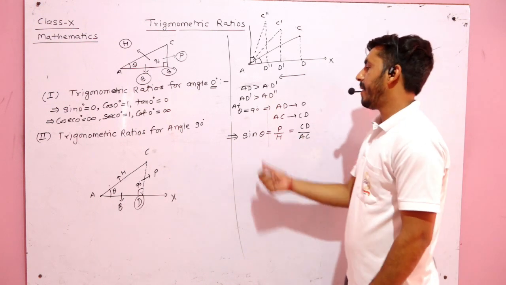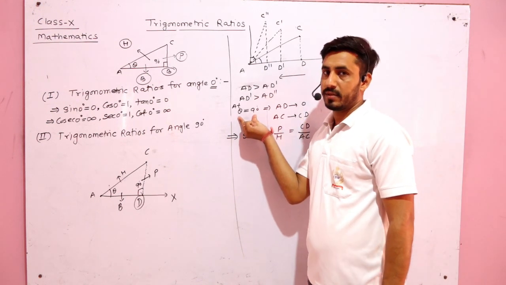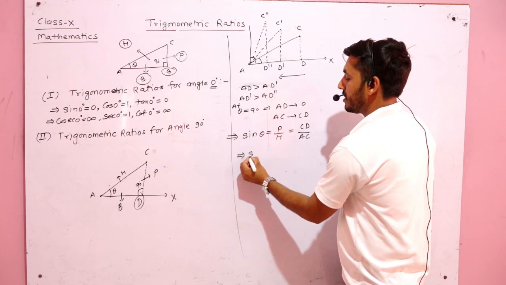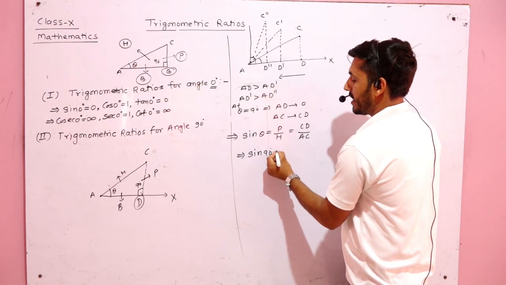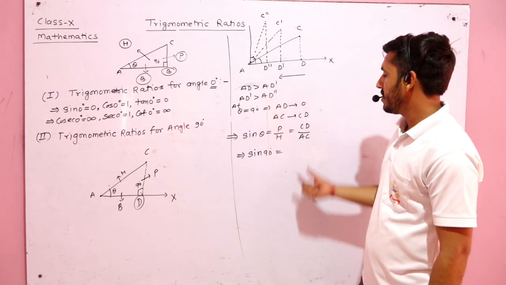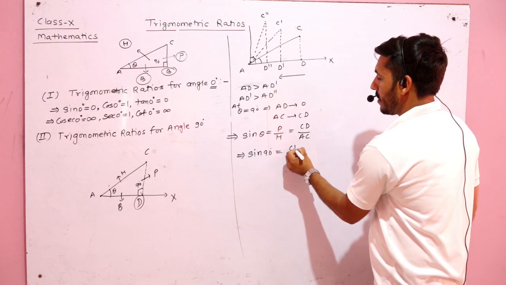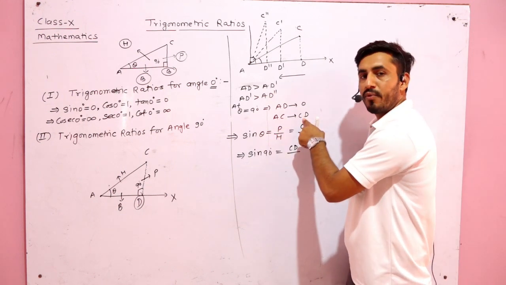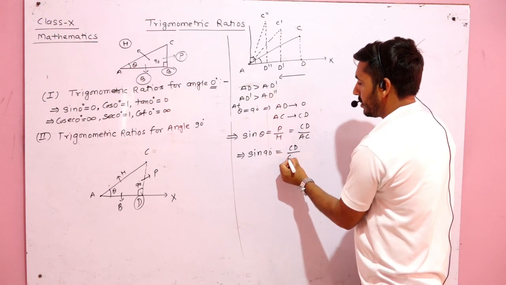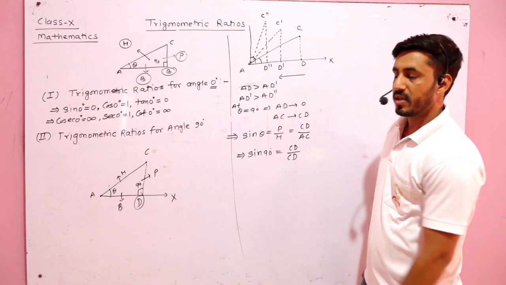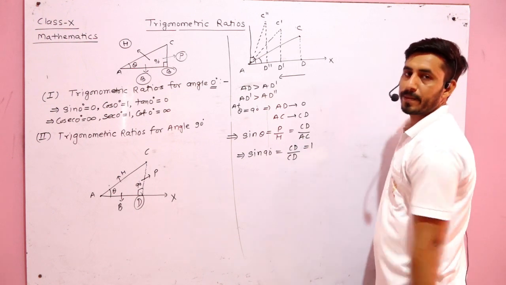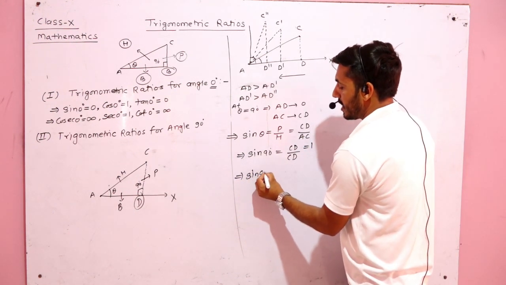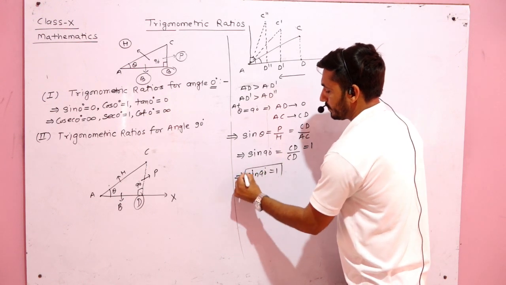If I am taking theta as 90 degree, in this condition sine 90 degree is given as CD upon AC, and the value of AC is also moving towards CD. In the final situation AC will also be CD. Then the value obtained will be 1. In this condition I can write sine 90 degree is equal to 1.